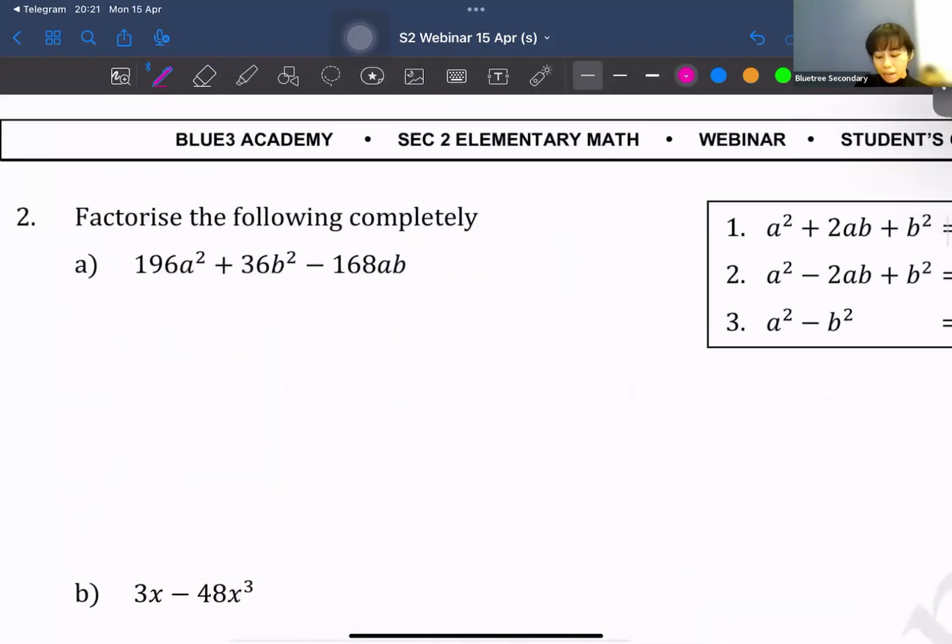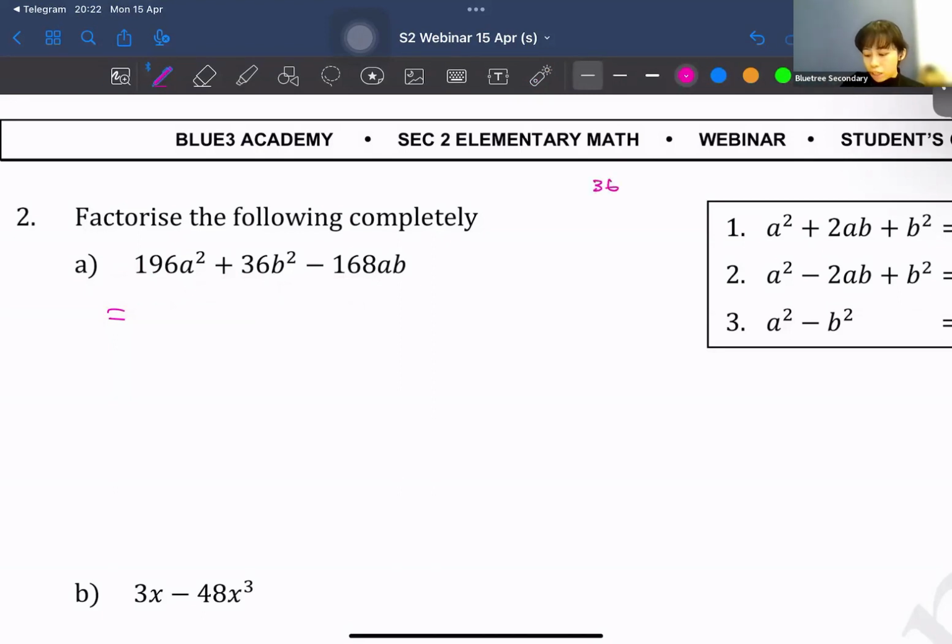Okay, so I have this expression which I need to factorize. First, go and identify the HCF of all three terms. Essentially you have three coefficients, 196, 36, and negative 168, right? Now, which is the smallest number? In this case, it's going to be 36.